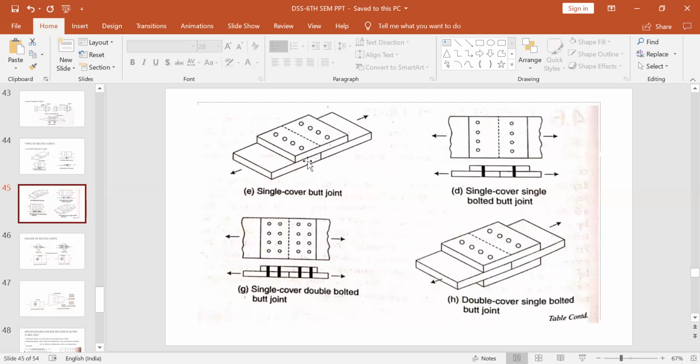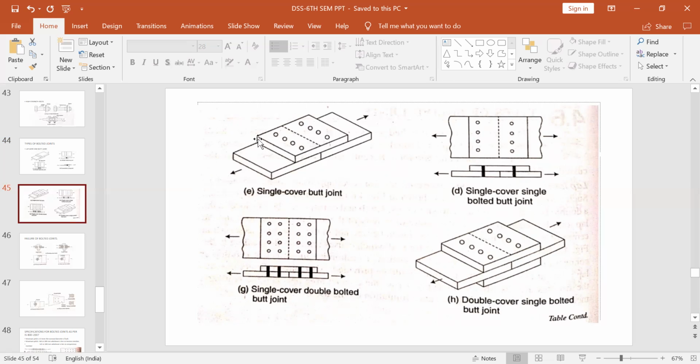But here in a butt joint, you will see that these two members are to be connected. These are the two member plates having a width of B and thickness T. Now this member and this member are in the same line. They have the same plane. The loads acting upon these two members are acting in the same plane. The CG will coincide, so there will be no eccentricity.